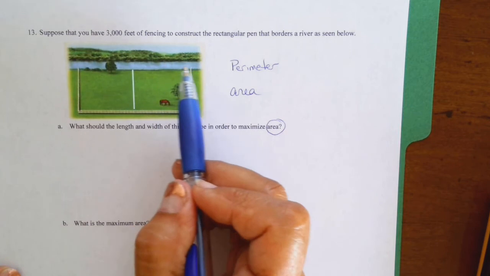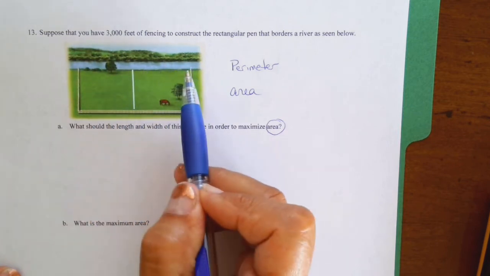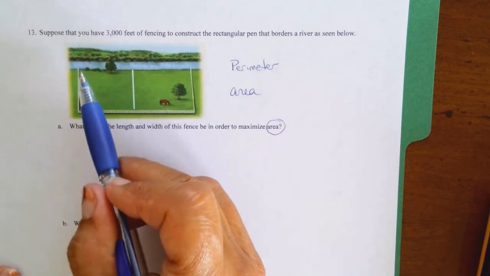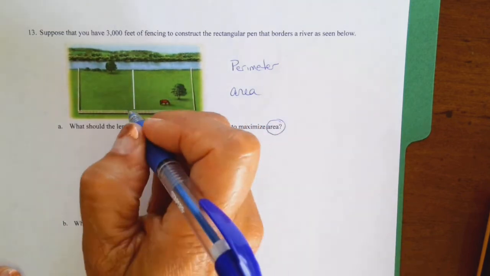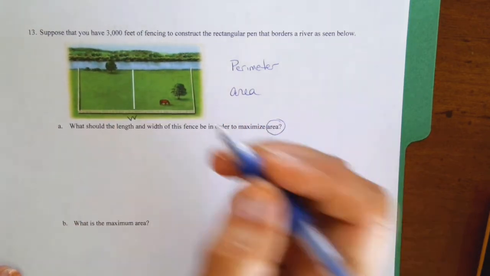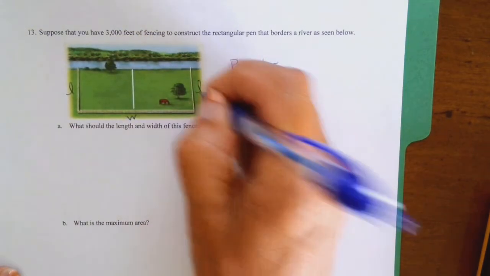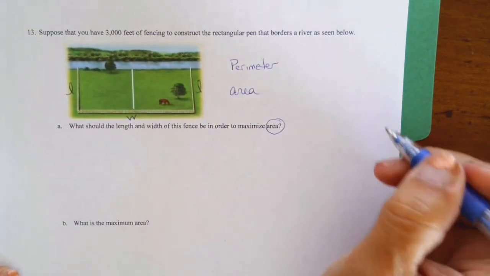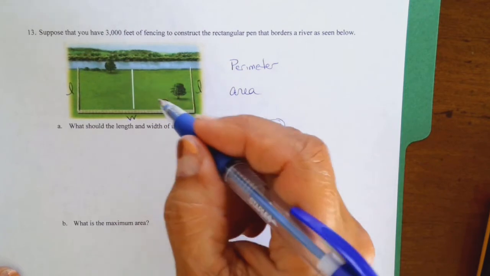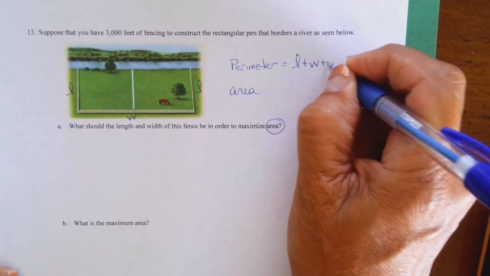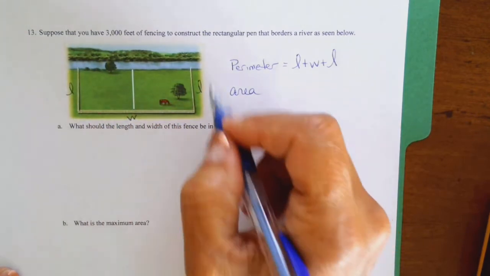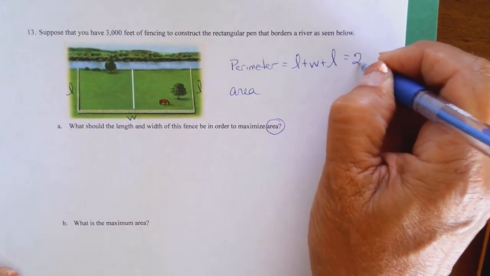But we have a river over here, so we don't need a fence over here. So we just need the perimeter of this side and this side. Let's call this side the width, and these are the lengths. They're the same. So the perimeter of the fencing that we need would be length plus width plus length, which is 2L plus W.